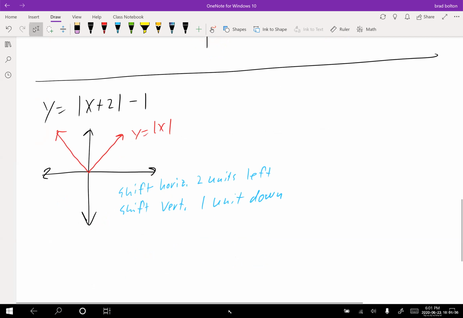Okay, so now that means I take the same exact shape and I shift it 2 units to the left, 1, 2, and then down 1 unit right here. And then I draw my same exact shape of a V, but now it's shifted.